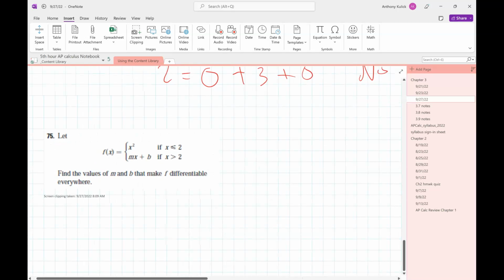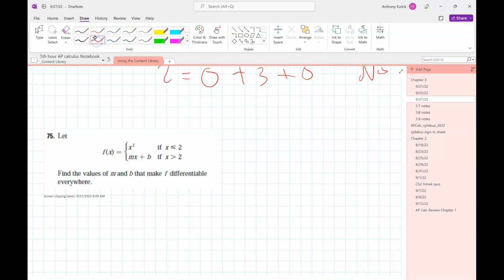Okay, so it says find the values for m and b that make f differentiable everywhere. Well, here's the first thing I'm going to observe: over its domain, I know f of x equals x squared is differentiable from negative infinity to 2.